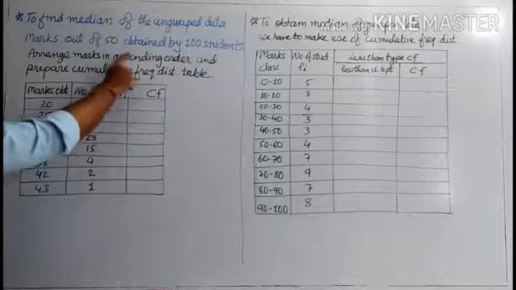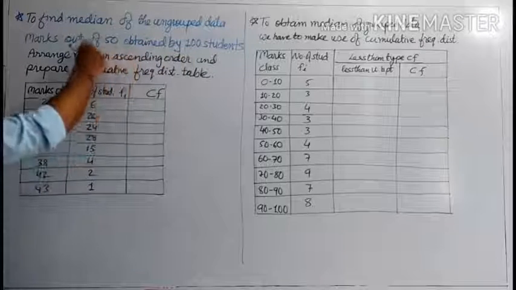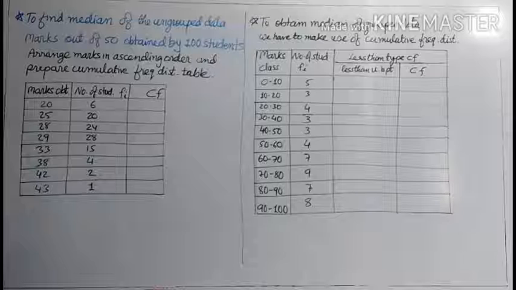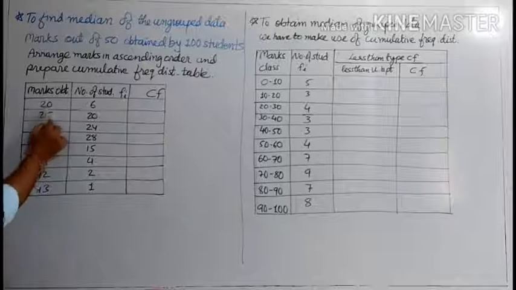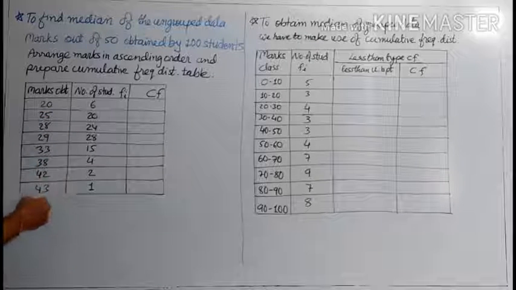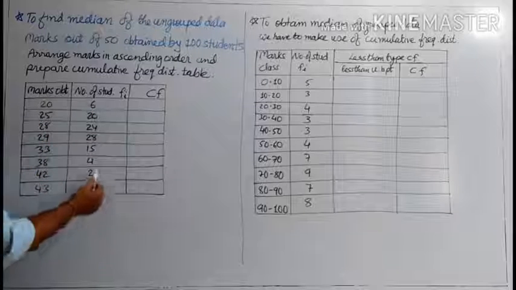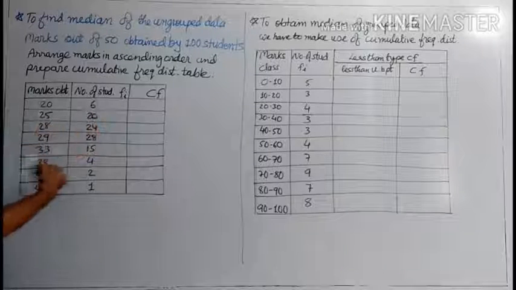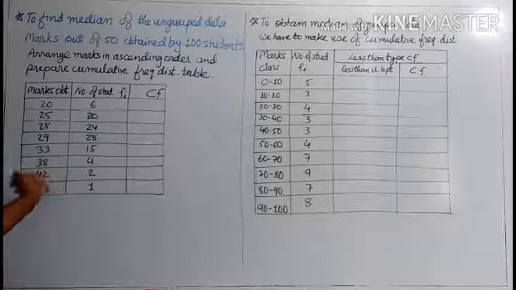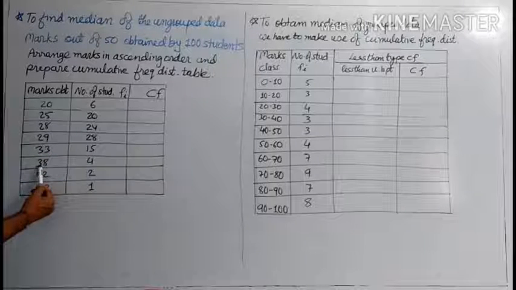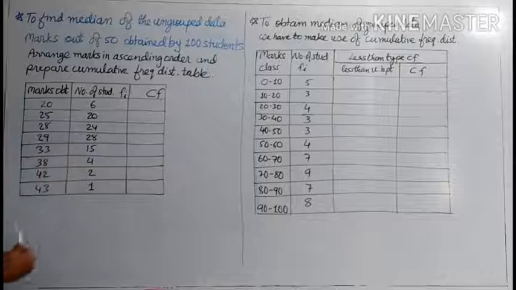Marks obtained are given randomly, such as 20, 33, 42, 25, and the number of students: 6 students scored 20 marks, 28 students scored 29 marks, 4 students scored 38 marks. Random data will be given.